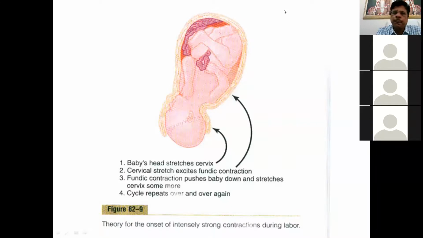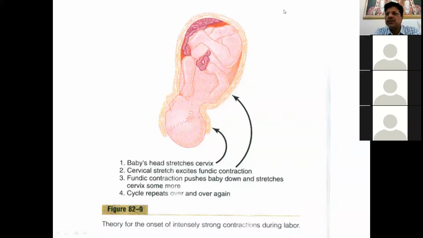Right? So you already know that there is one synthetic form of vasopressin. What is that called? Desmopressin. When do we use desmopressin? In central diabetes insipidus.